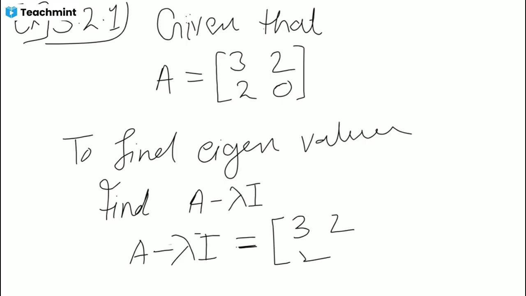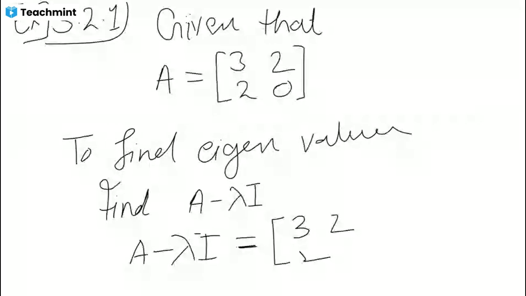So first of all, we'll find A minus lambda into I, taking the same order identity matrix, multiplying by lambda and then subtracting. So we'll get minus lambda, 1 and 0, and minus lambda. And now we need to put the determinant of A minus lambda I equal to 0.